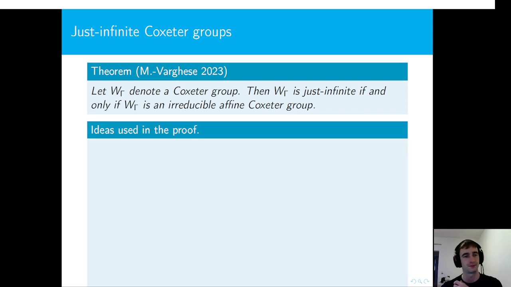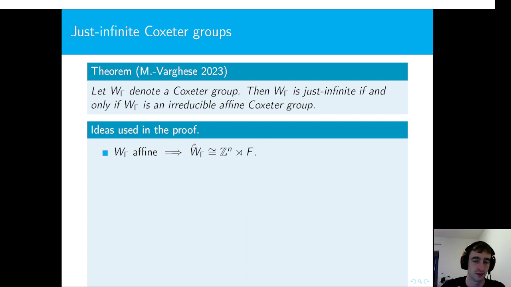Okay, so as always in these quote-unquote short talks, I'm going to talk about the proof, but I'm only going to mention the steps and ideas used, but not actually give you a proof. But I think this can give you a rough idea of how the proof actually goes. So first direction, suppose we're given an irreducible affine Coxeter group. Then we know affine Coxeter groups have a semi-direct product structure.